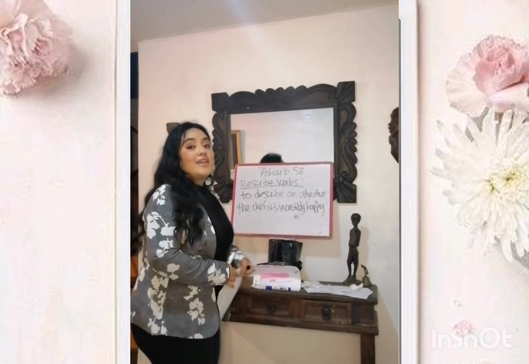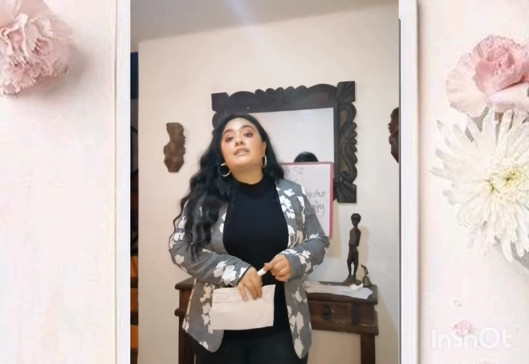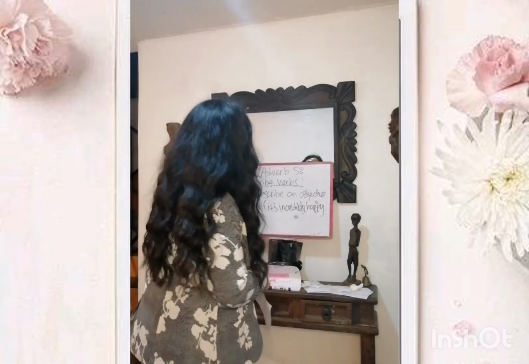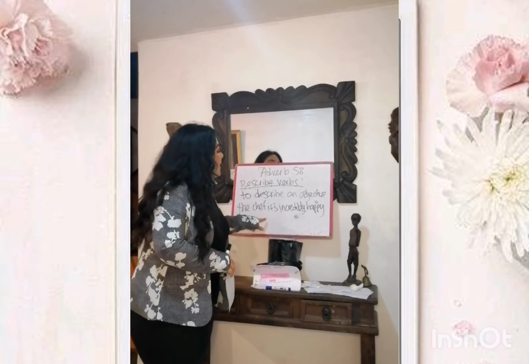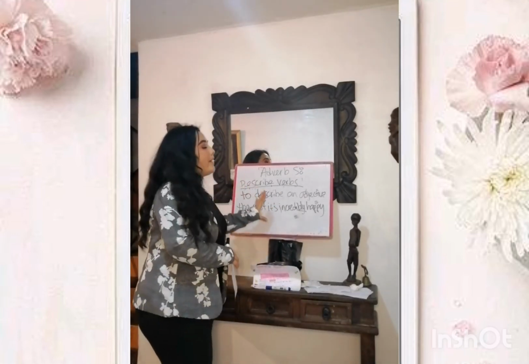Okay, so you guys can repeat after me. Incredibly. Okay, so this is an adverb. Incredibly. So the chef is incredibly happy. This is the last way how we can use an adverb.